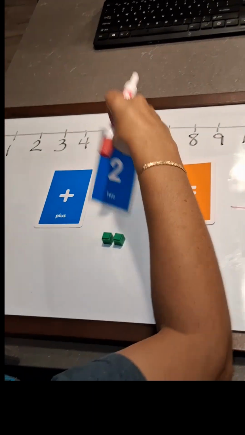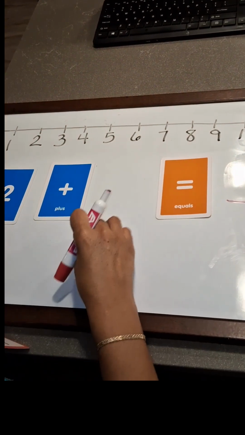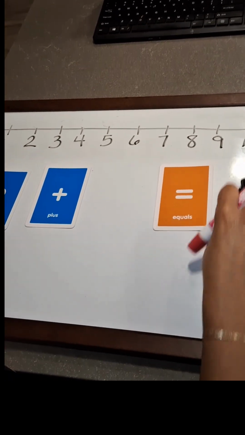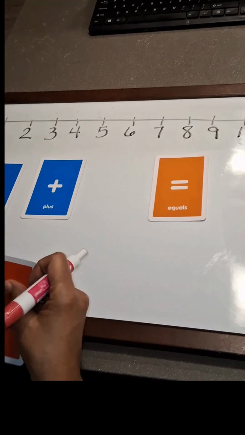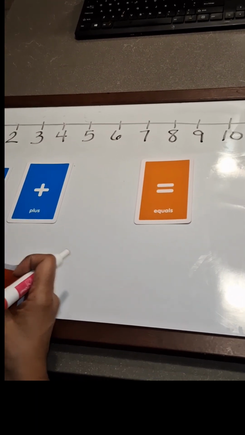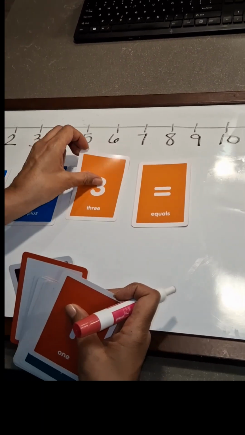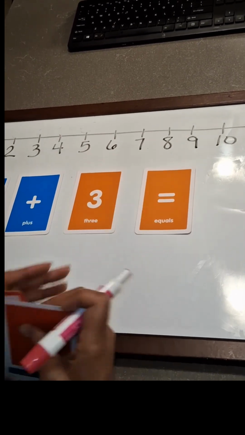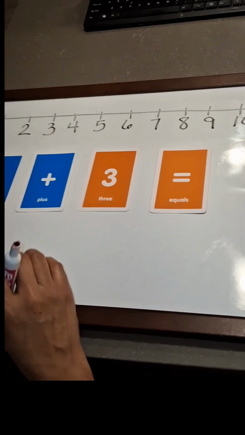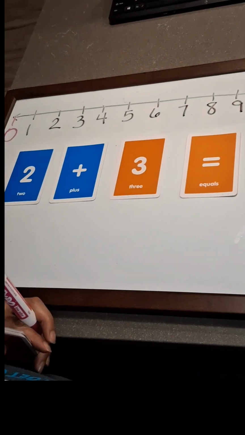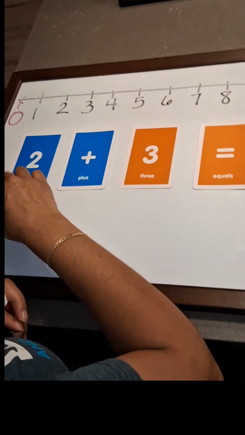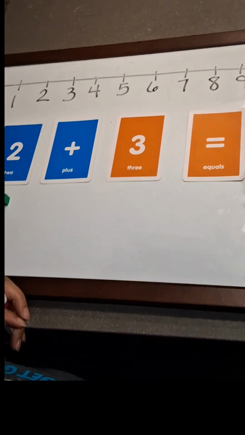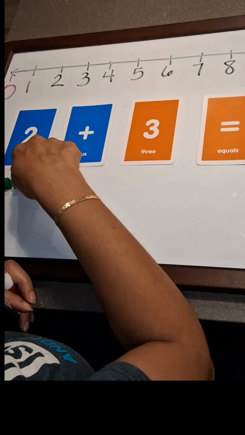What if I had 2 plus, what number comes after 2? 3. Let's do that one. Let's do a 2 plus a 3. We have 2 plus 3 equals, let's get 2 here. Then I'll put 2 here, because we're going to double that. We're going to put the same thing over here.